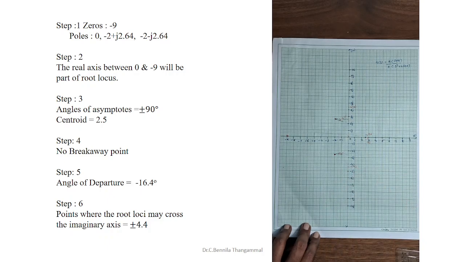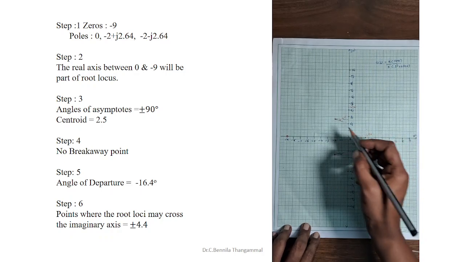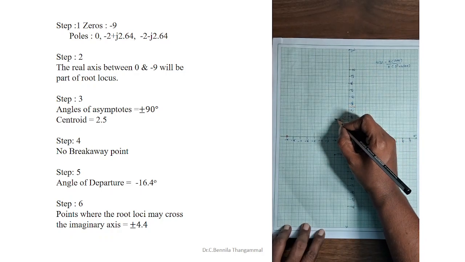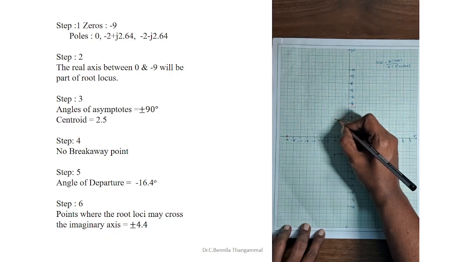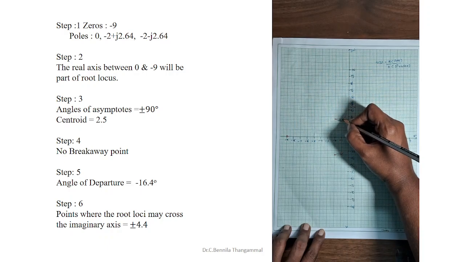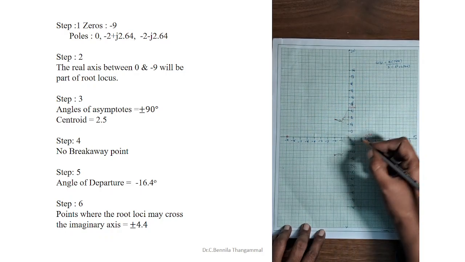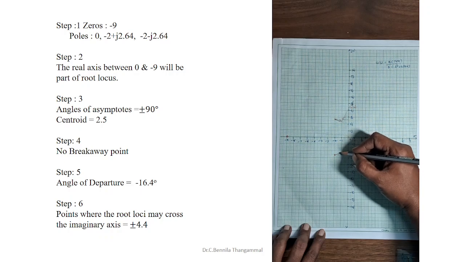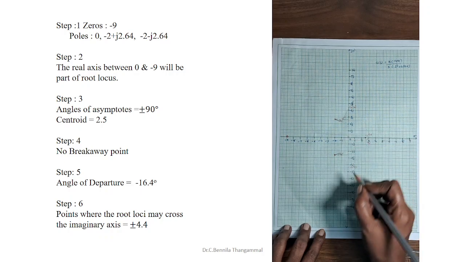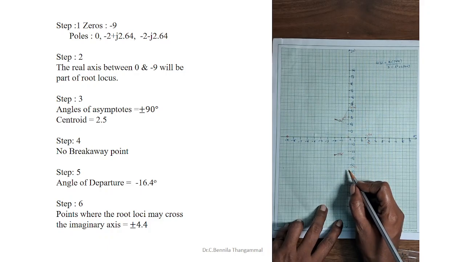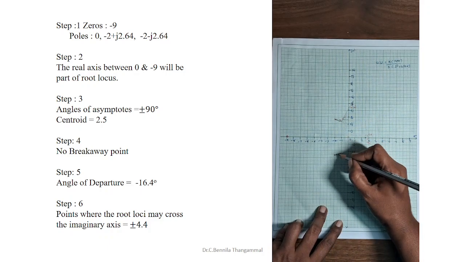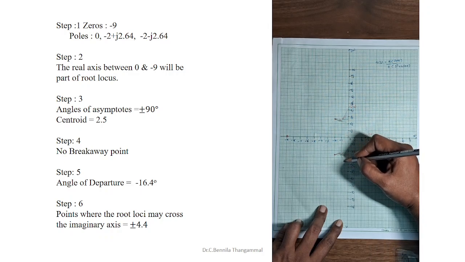Now join from the angle of departure: take a dip and join to the 4.4j, and from the other angle of departure connect to the minus 4.4j in the same way.